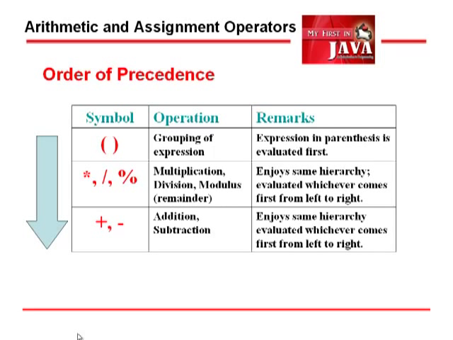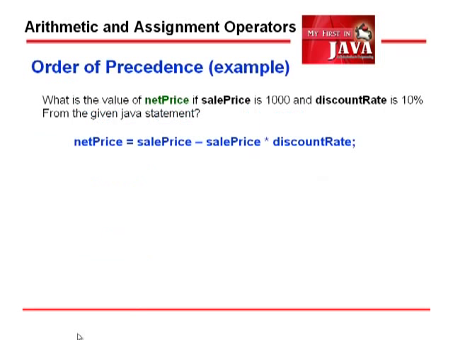Multiplication, division, and modulus enjoy the same hierarchy, so it doesn't matter which one comes first. If division comes first, division will be evaluated first. Same with addition and subtraction. If subtraction comes first, you're going to subtract first before you add. The evaluation would be top to bottom, then left to right.